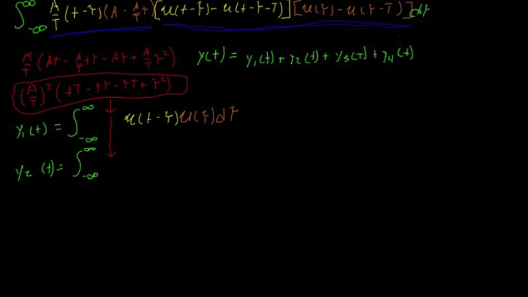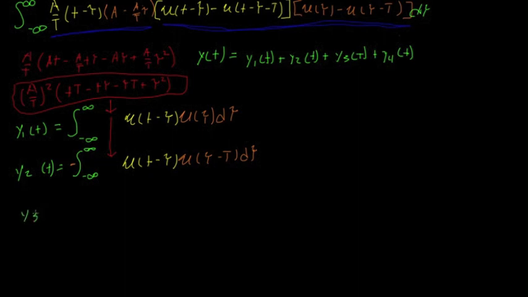And this time, we're going to have u of t minus tau, and now we've got to be careful here. We're going to have negative u of tau minus T, and we'll have d tau.